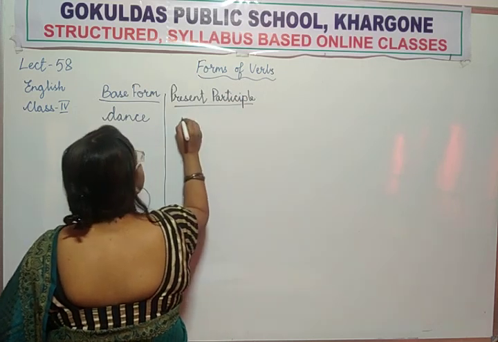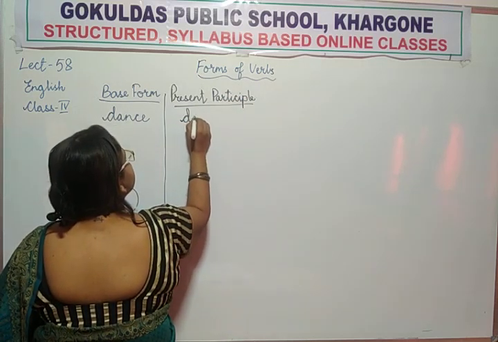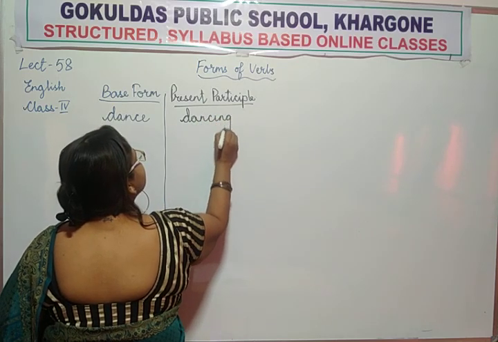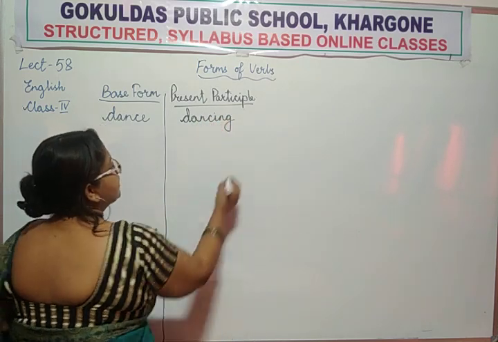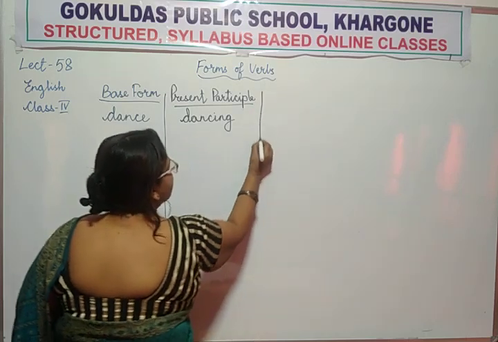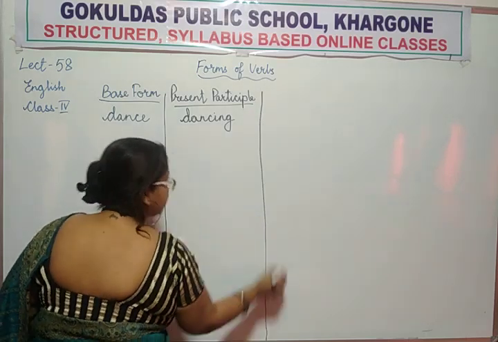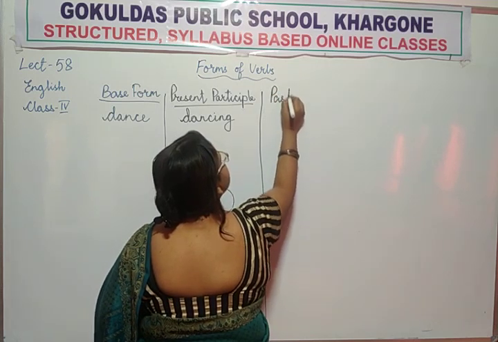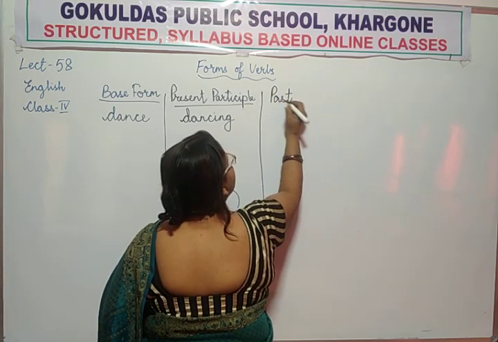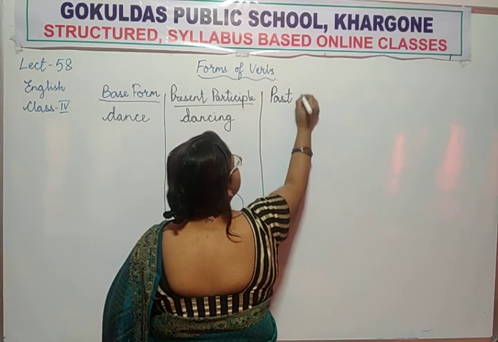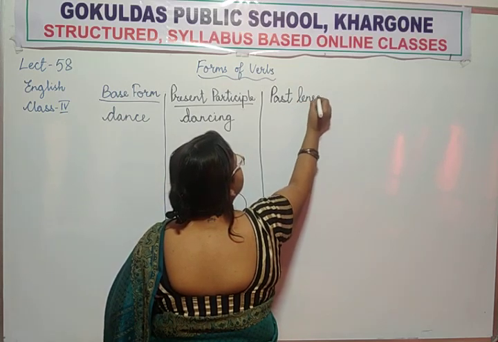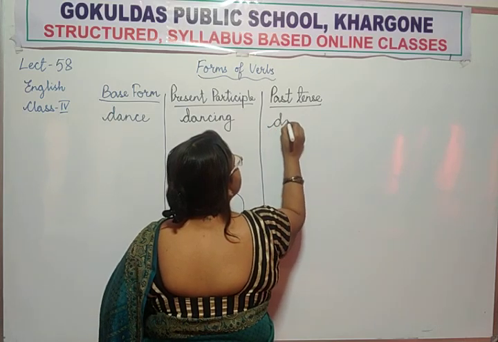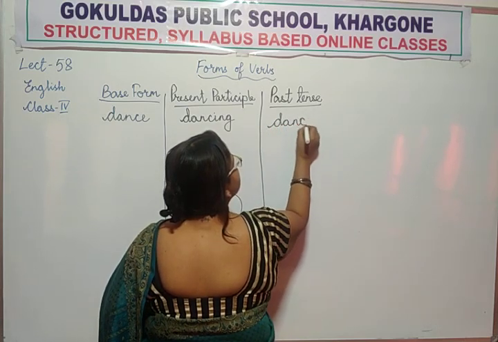It becomes dancing. Clear? Now in the past tense, it becomes what? We add ed, which is danced.